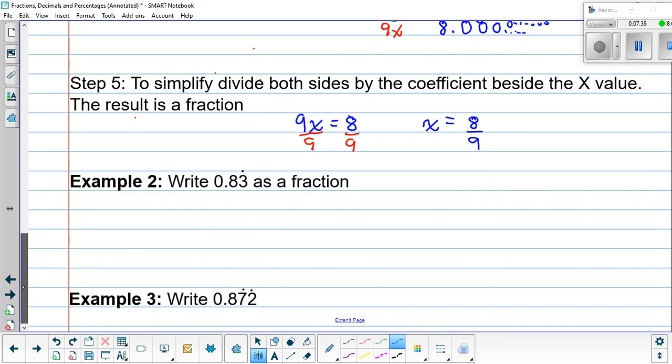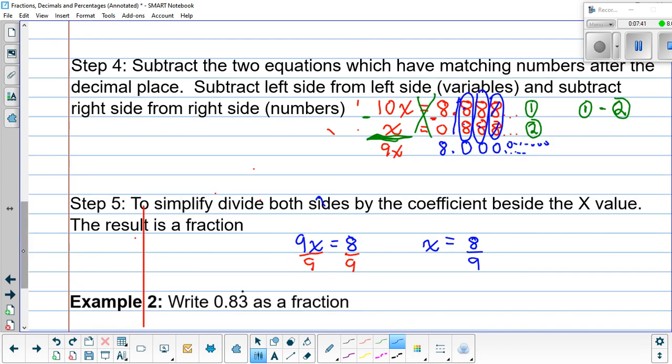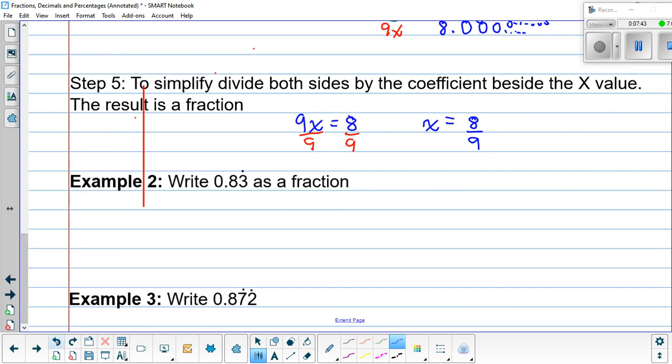So let's do a second example. So example 2. So right away, I am going to set x, and I'm going to say that equals 0.83, and the 3 keeps going, right? Here.